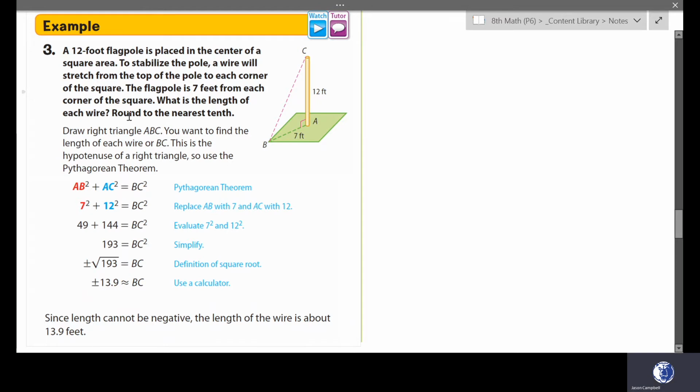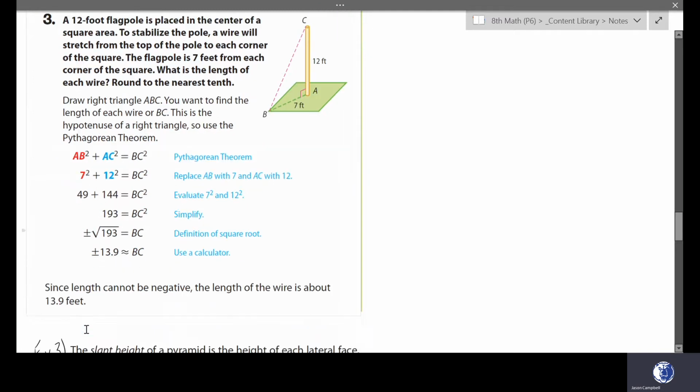What is the length of each wire? Round to the nearest tenth. So the flagpole is 12 feet tall and 7 feet from each corner. So we can use the Pythagorean theorem to find the hypotenuse, which would be the length of the wire. They plug in 7 and 12, and they get 193, and they find the square root, which is 13.9. So the length of the wire is about 13.9 feet.